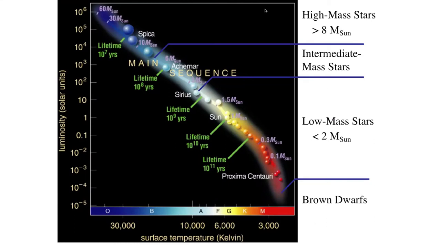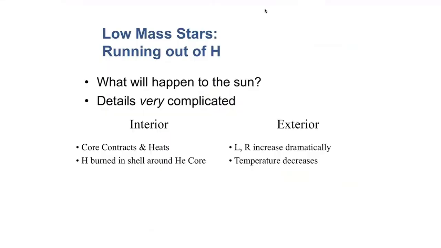Okay, so what happens when the sun, which is going to spend 10 billion years of its life just sitting there burning hydrogen into helium, runs out of hydrogen in its core? That's the topic of today's class. The details of this process are very complicated.